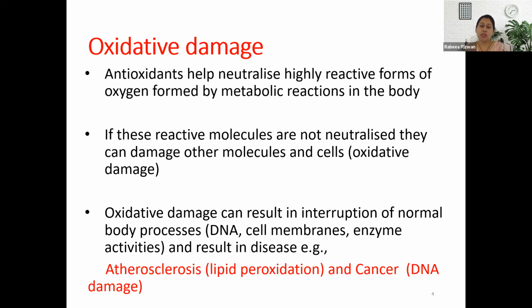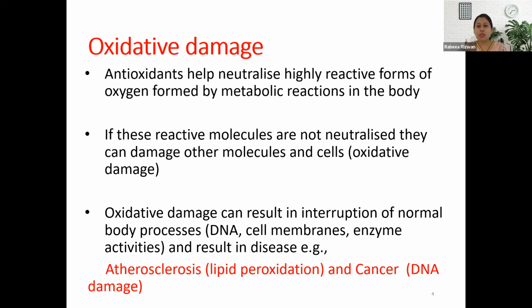In our body, free radicals are formed by metabolic reactions, by some enzymatic reactions as well, and through some exercises when our metabolic rate increases, and also from other external environmental sources.